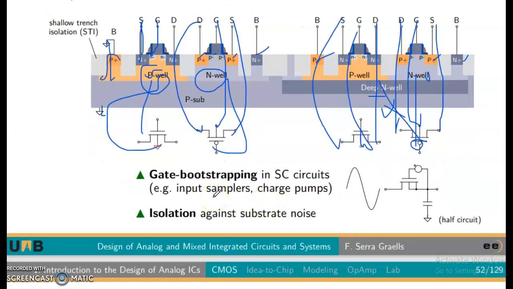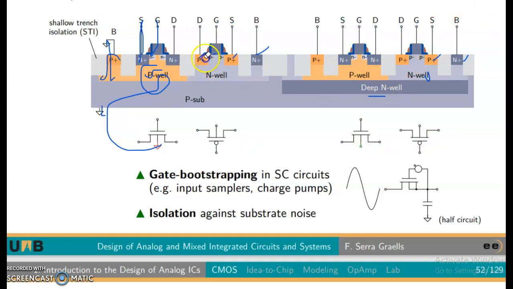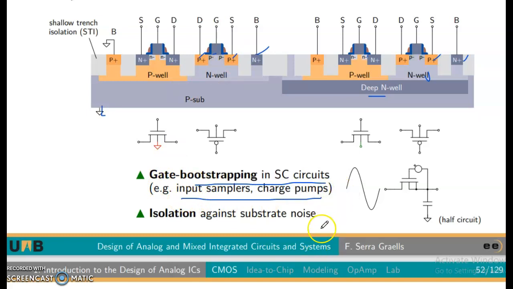Gate bootstrapping in SC circuits, input sample, charge pumps.